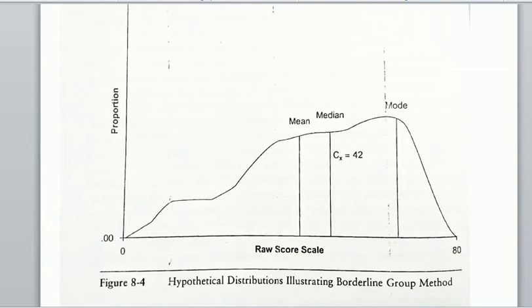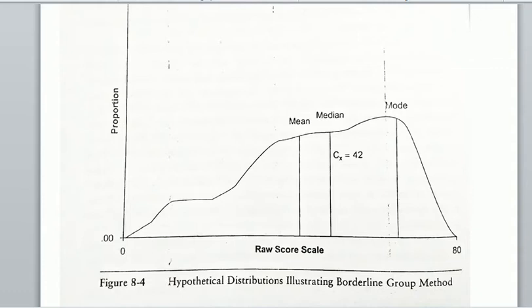It means in this process the measures of central tendency will be used to judge the borderline group method. Actually, in this method the mean, median and mode, all three will be calculated, and the median is in the center of the mean and mode.